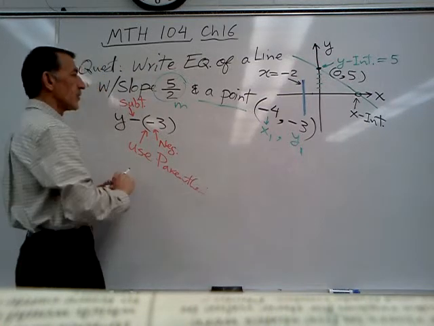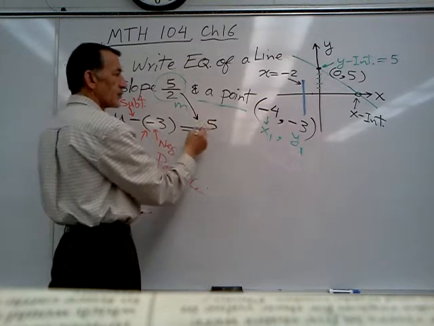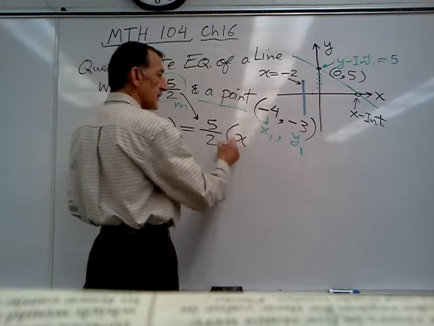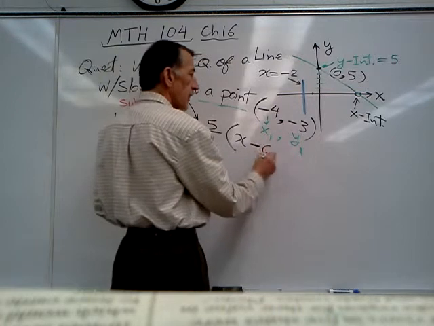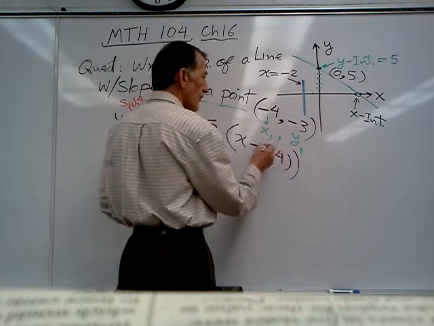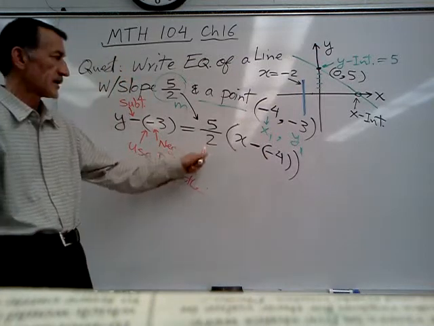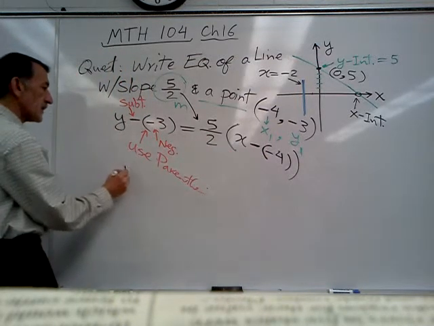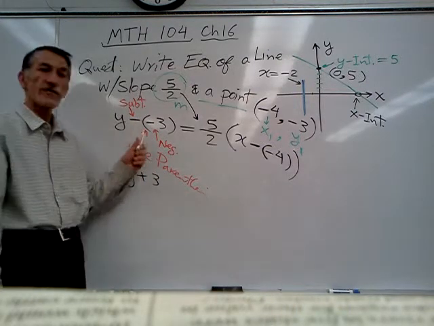Alright, then we go to the other side, equals, write the slope down, 5 over 2, times the parentheses, that's x, we need the letter x, minus x1, which is negative 4. We use parentheses again, negative 4. So therefore, subtraction of a negative, use the parentheses, and then use the slope times that. Then we go to work and rewrite everything and do the algebra, and we get y plus 3. And you know subtraction of negative is going to give you positive.